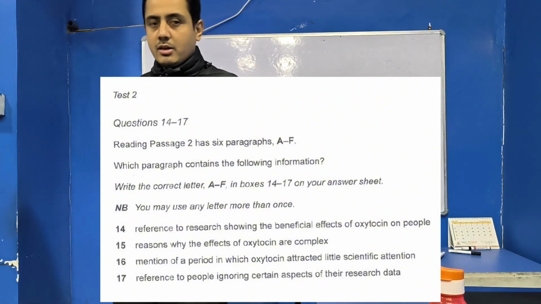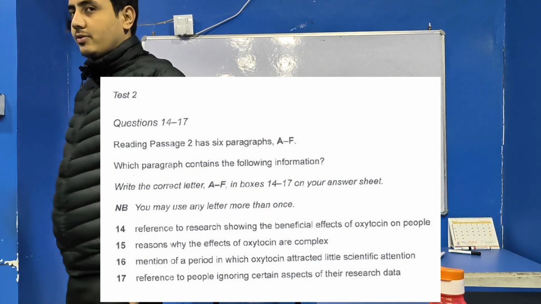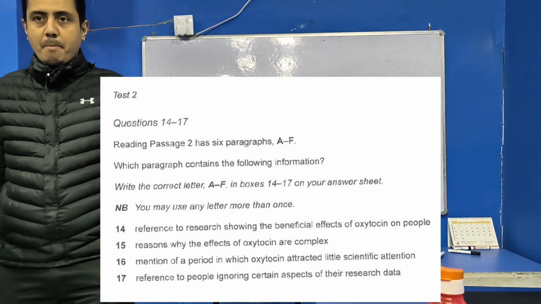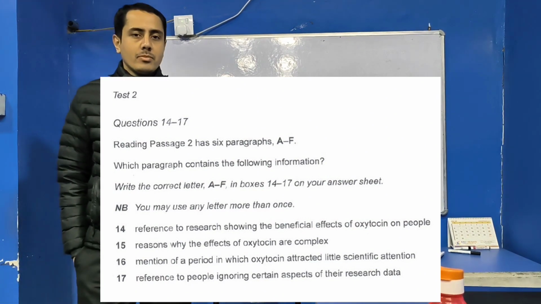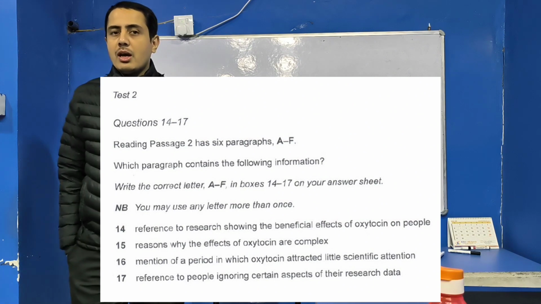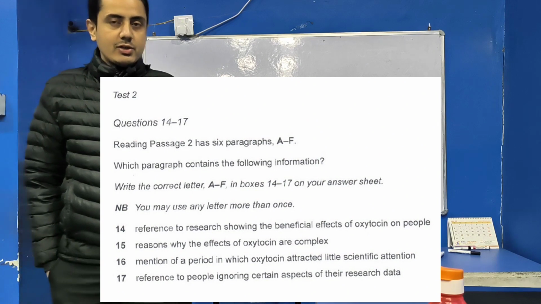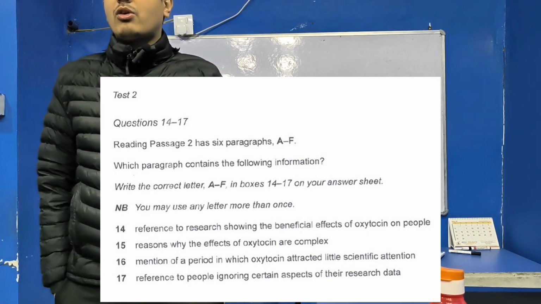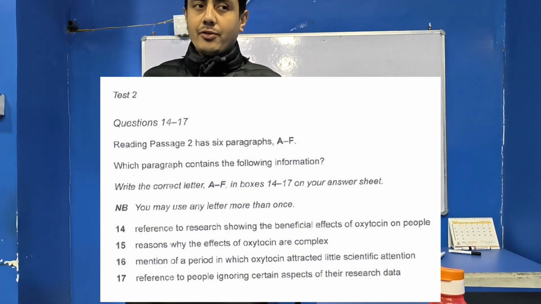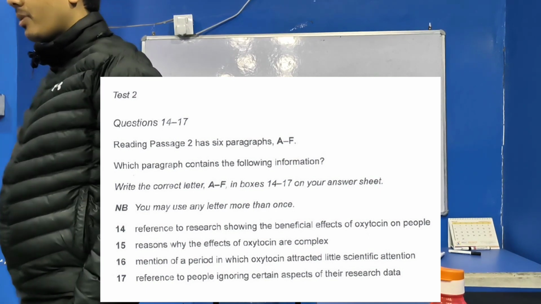On that page, look at questions 14 to 17. Those four questions, 14 to 17. These are called locating information questions.